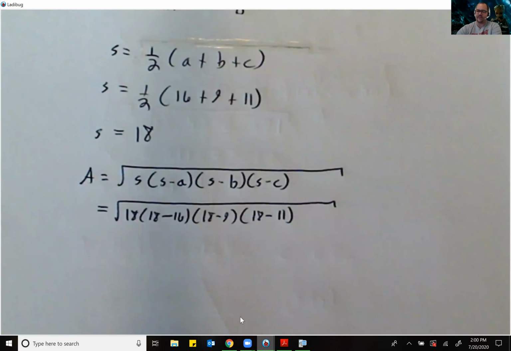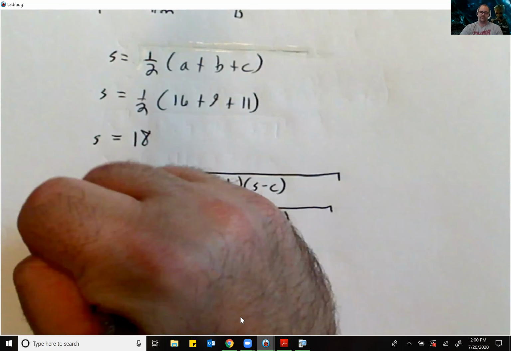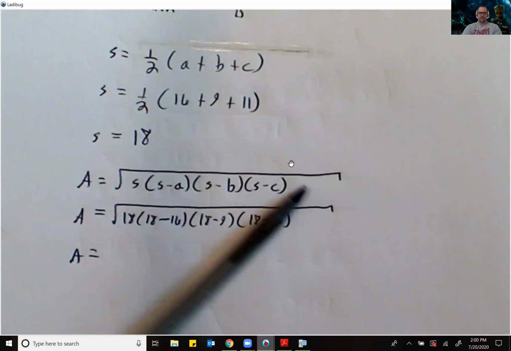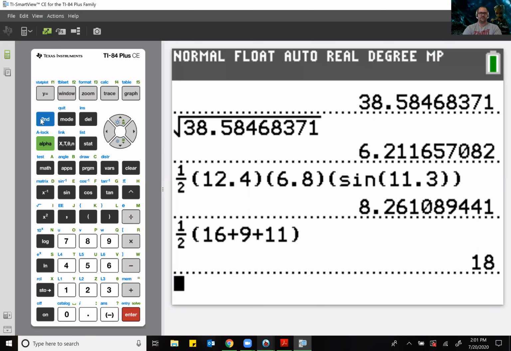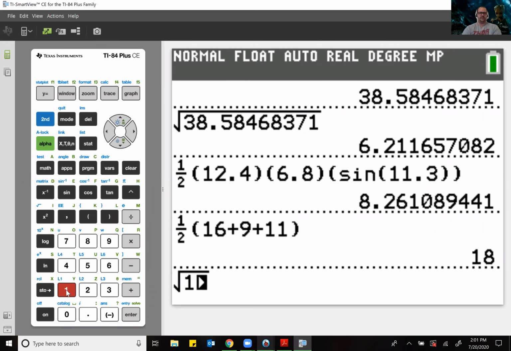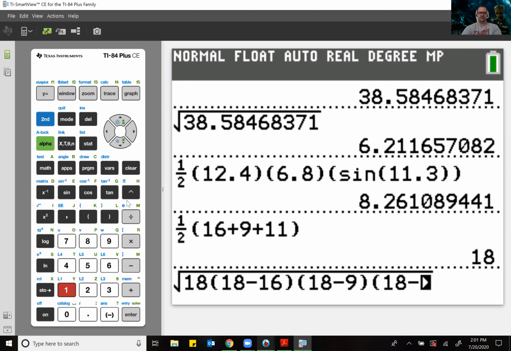Just go straight to the calculator, let it do its job. And this says round to the nearest 10th. All right. So second square root, 18 parenthesis 18 minus 16 parenthesis 18 minus 9 parenthesis and 18 minus 11 parenthesis.